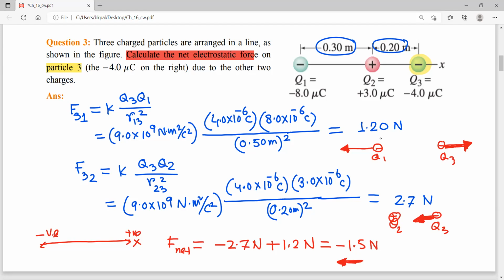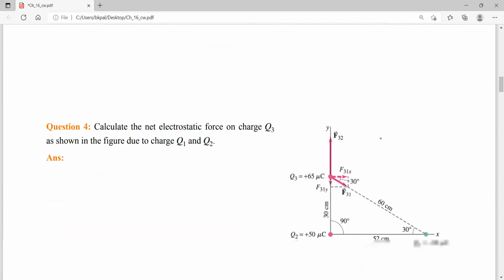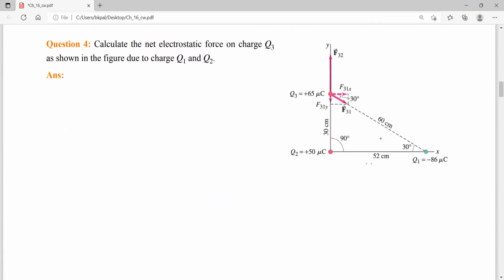All right, the next problem is this one. It's again a little bit more complicated than the last one, but if you understand how to add vectors, again it is not too difficult.